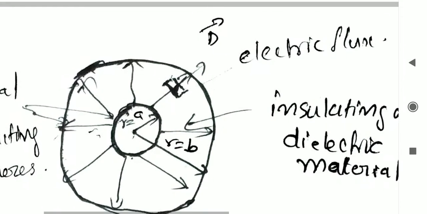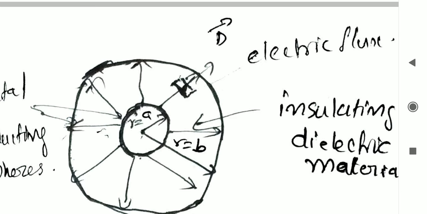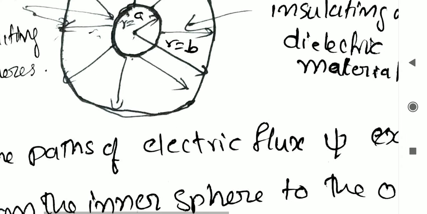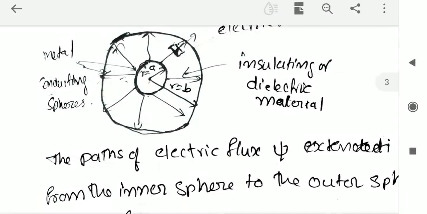So the unit vector which is normal to the surface here is ar, which is nothing but the unit vector in the direction of the radial vector. So the vector which is going in the radial direction, in that direction only our unit vector is also present.